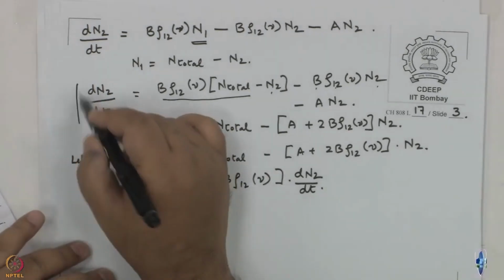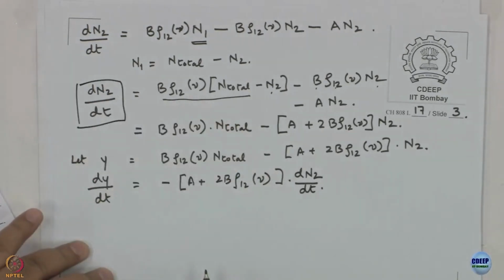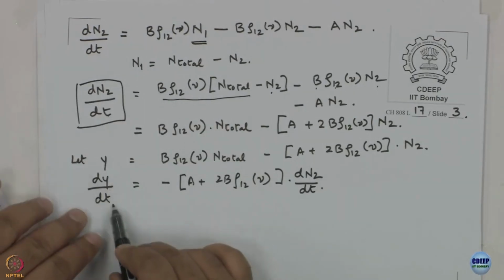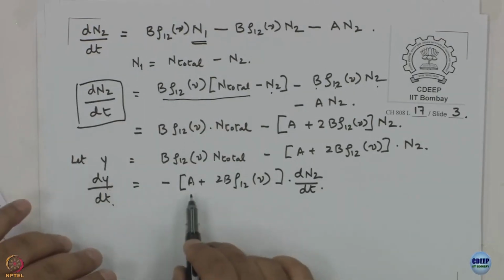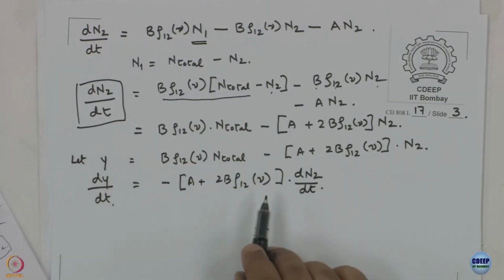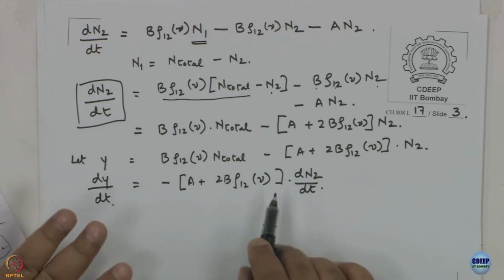So, instead of this dN2 dt, I can write dy dt divided by minus a plus 2b rho 1 2 of nu, and then on the right hand side I can write y. Is that okay?